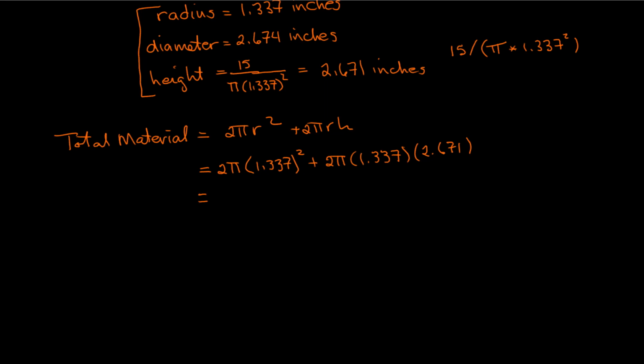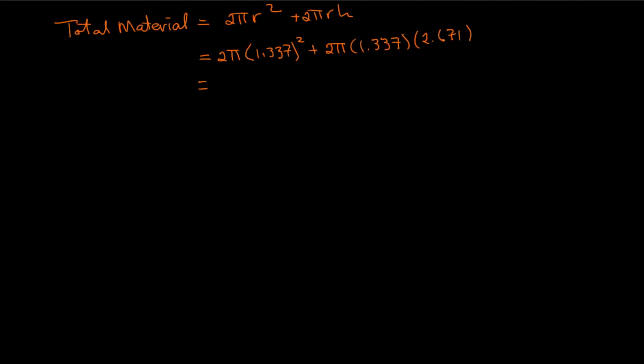So I've got 2 times pi times 1.337 squared plus 2 times pi times 1.337 times 2.671 equals.